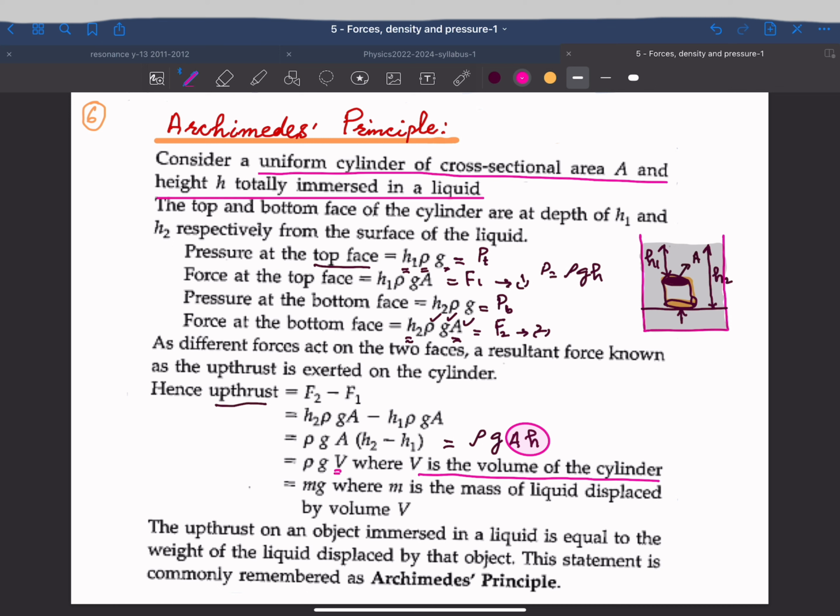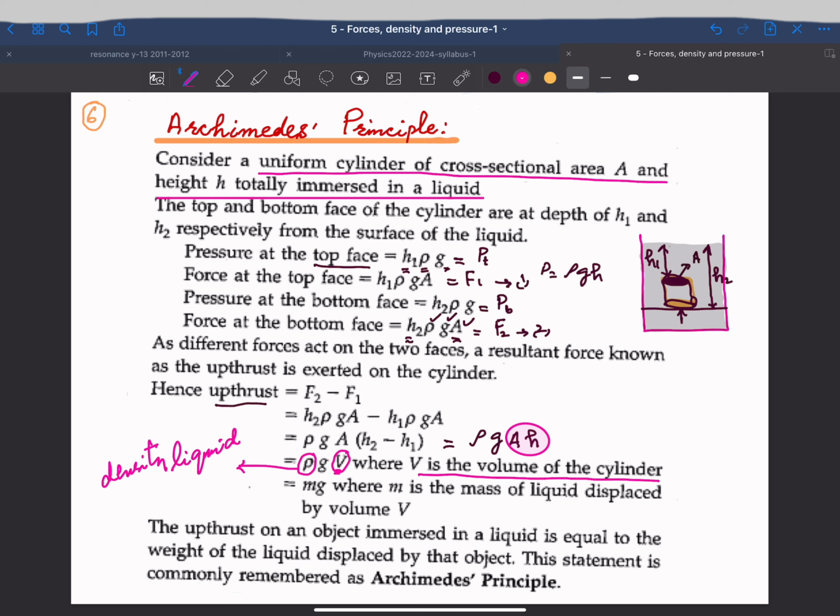When you consider here the density and V, now the thing which is very important is that this density is of the liquid. Rho is the density of the liquid, but V is the volume of the cylinder. So these are two different things.